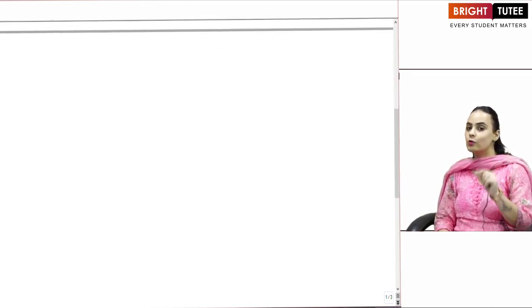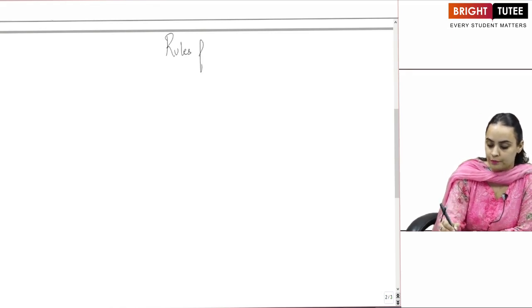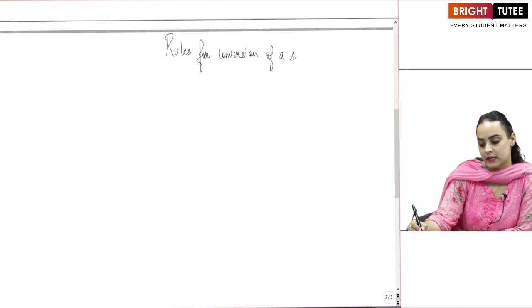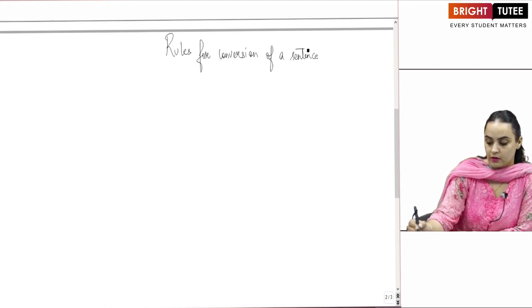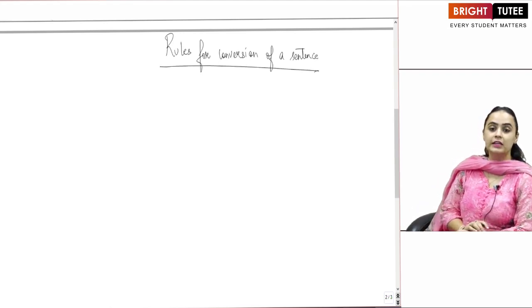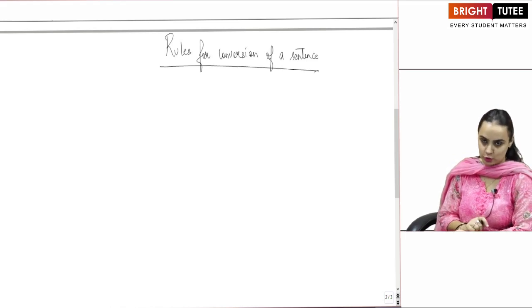So, we are going to discuss the rules for conversion of a sentence. Now, I am going to make sure that I give you a lot of examples so that the topic is very much clear to you.